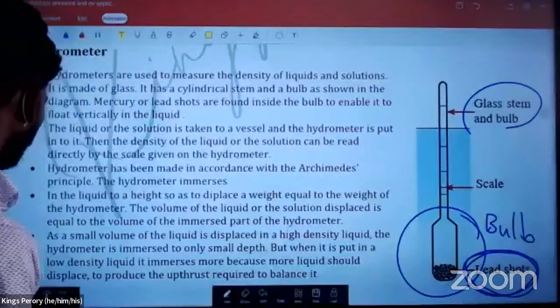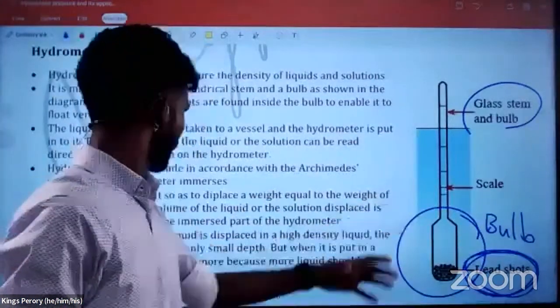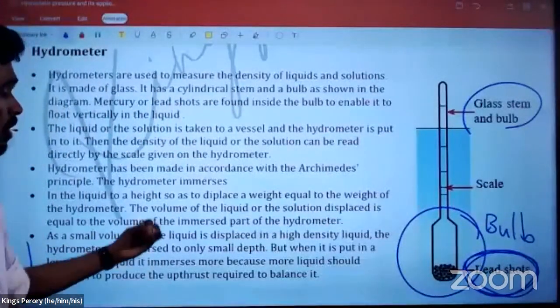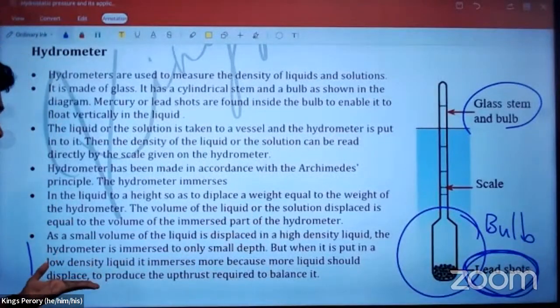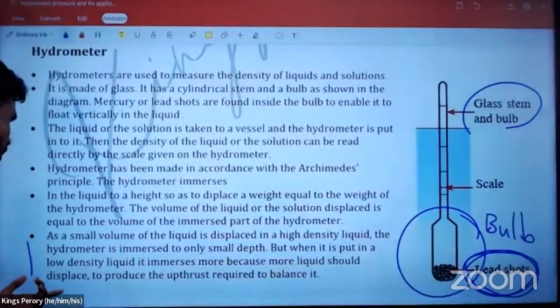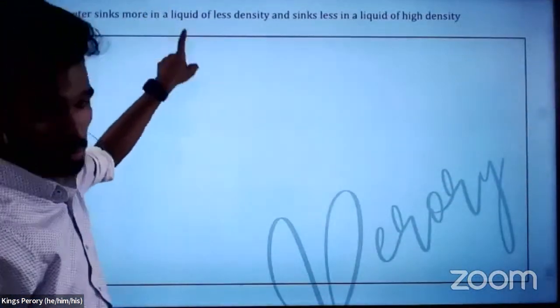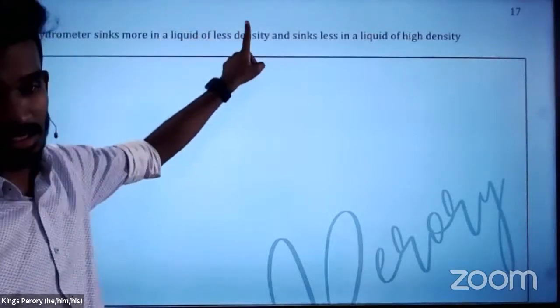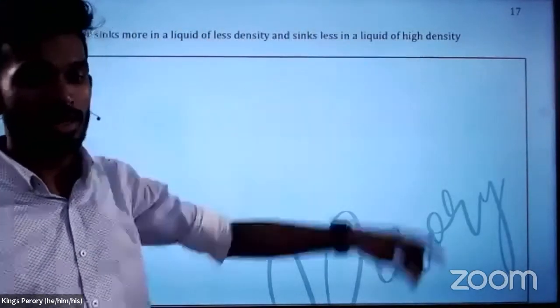That is what is defined there. As a small volume of liquid is displaced in a high dense liquid, the hydrometer immerses to only a small depth. But when it is put in a low dense liquid, low density petrol, it is immersed more because more liquid should be displaced to produce the upthrust required to balance it. Now a box is given: hydrometer sinks more in a liquid of less density and sinks less in a liquid of high density.